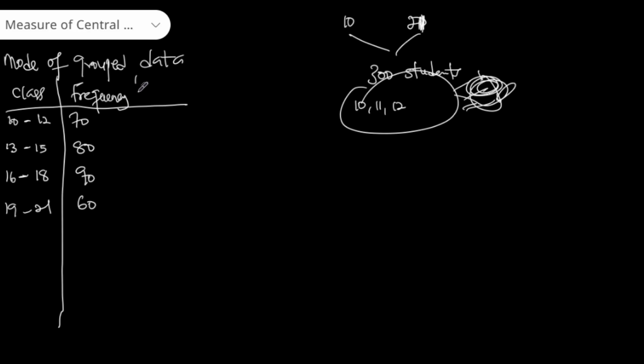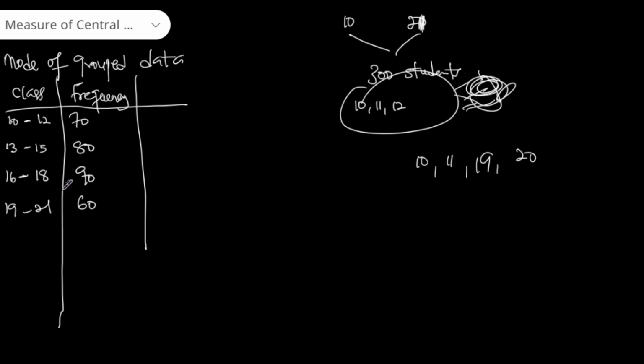So now, how do we find the mode of this kind of data? Because remember, we've grouped them in one class. How do we know if it is 10, if it is 11, if it is 19, or if it is 20 that is the mode? Because they've been grouped in class, but then we must find their mode.